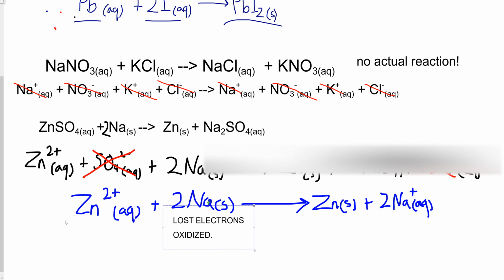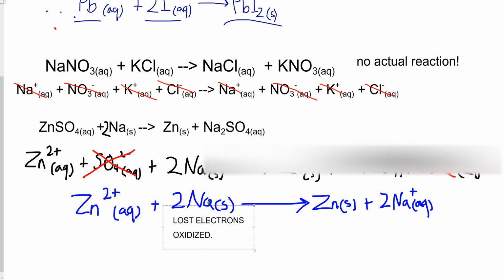Zinc used to be a 2 plus. What happened to it? It became zinc neutral. Its charge went down by 2. Hey, wait a minute. The charge went down by 2. How did its charge go down by 2? It took the electrons from the sodium.